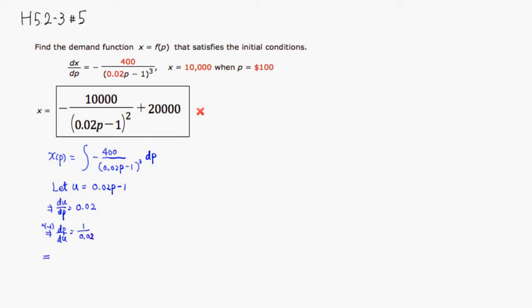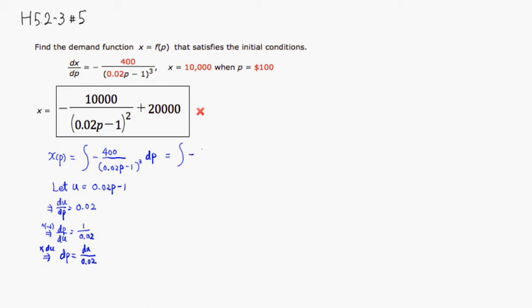Then we can isolate dp by multiplying by du. dp is equal to du over 0.02.